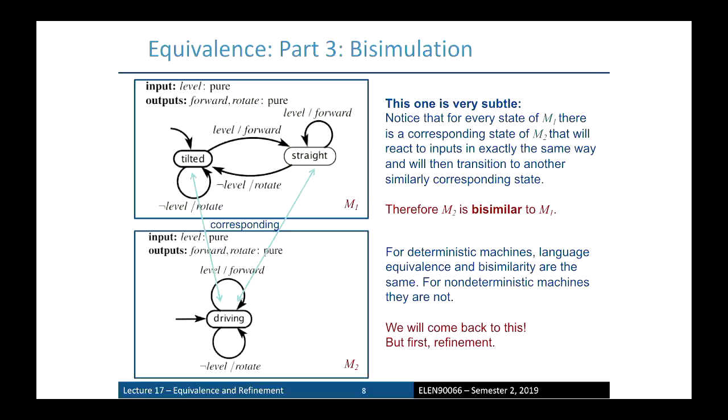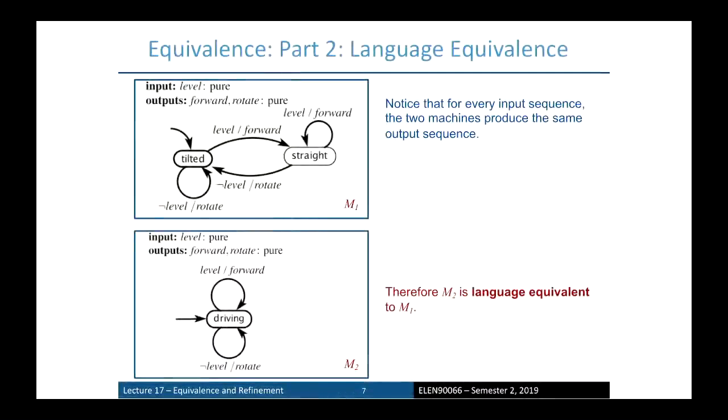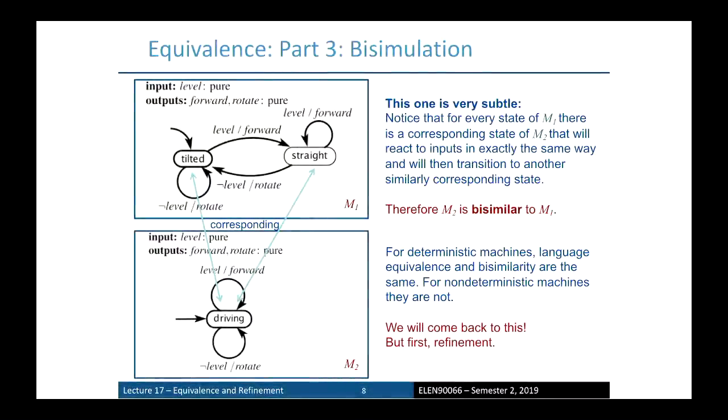It turns out that because these two machines here are deterministic machines, language equivalence and bisimilarity are the same. They're exactly the same. But for non-deterministic machines, they're not the same. It actually comes down to a game of who goes first, if you like. Because if we think of non-deterministic machines as having multiple options for transitions out of a state, it gets a bit tricky. And we're going to play that game a little bit later on.